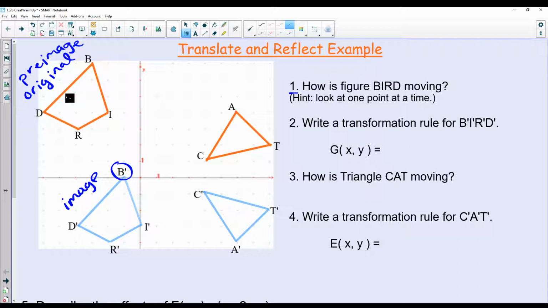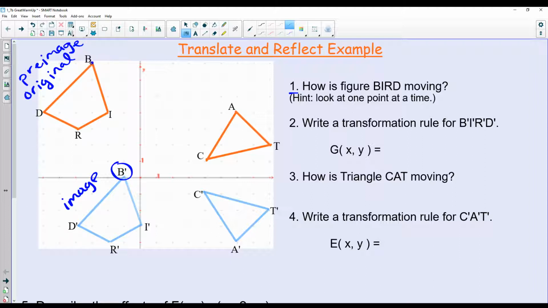All right, if we look at this shape and we look at this shape, it appears to be oriented the same, which would make me think this is probably not a reflection, okay? And it hasn't been rotated. So let's check to see if we can do a shift.